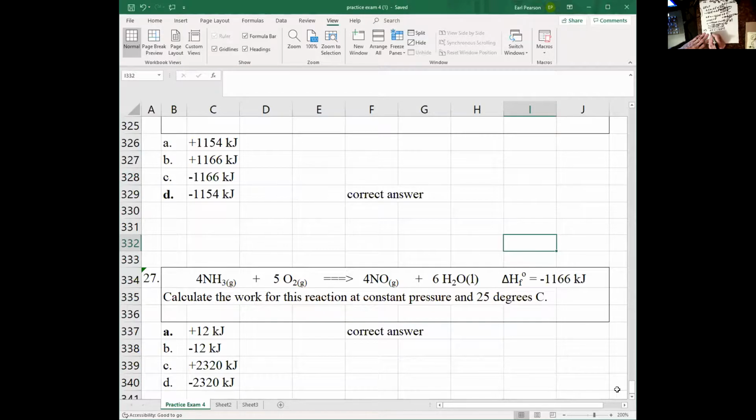And I already have delta E. We just calculated it. So if we're confident we got it right, it's minus 1154 kilojoules. So delta H, remember, is delta E plus P delta V, which is minus work. So solving for work, put it over here, work would be equal to delta E.